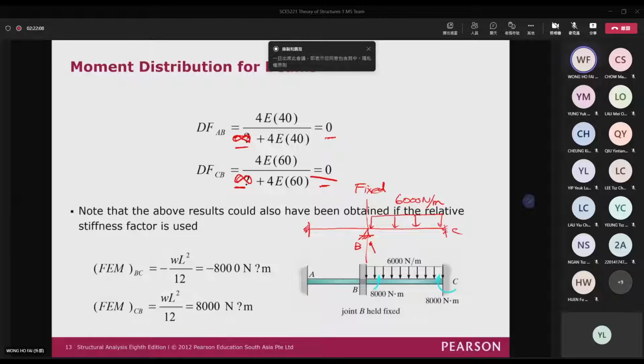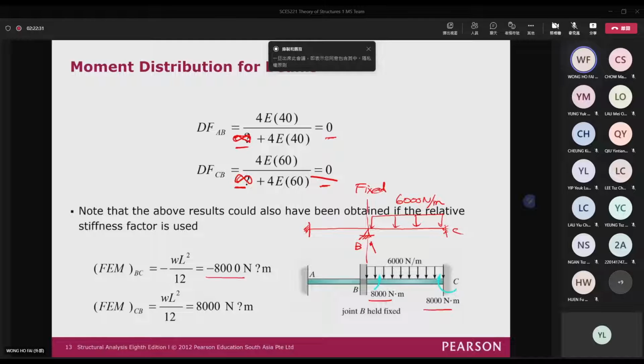If I assume that it is fixed and then I have load applied on that, then fixed end moment will be developed. But this is an assumption. It is originally a pin support or roller support, but right now I assume that it is fixed. So it will develop member end moment or fixed end moment.